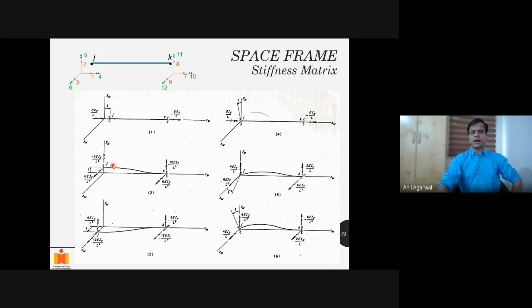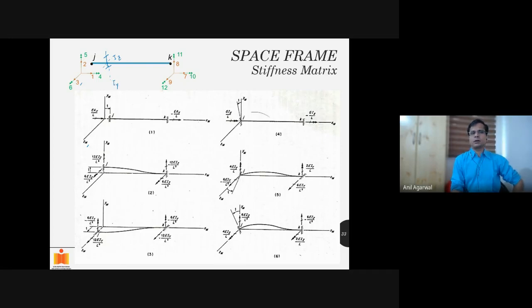Let me draw a little bit here. This is the cross-section, and this is the axis which is parallel to the z-axis. About this axis, if I calculate the moment of inertia, this will become Iz. However, if I calculate the moment of inertia about this axis, this will become Iy.